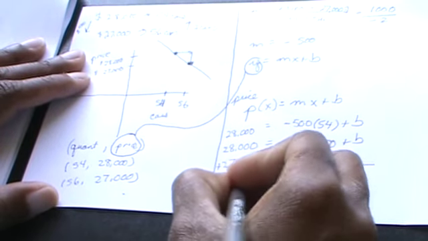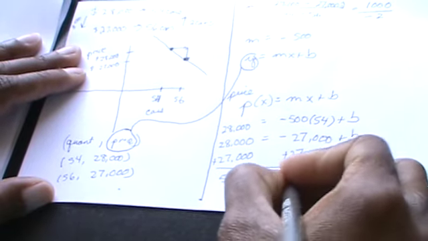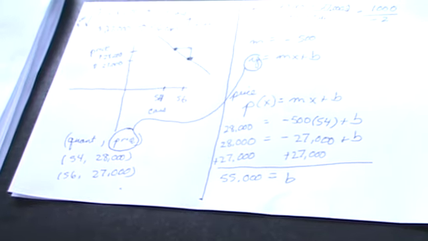So then 55,000 is equal to b. All right, so let me put all of that together. And when I do, I get that p of x equals, my slope was negative 500, x plus 55,000.